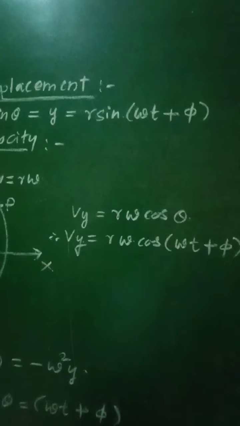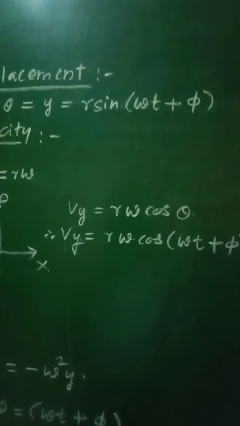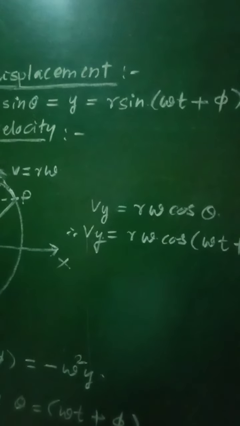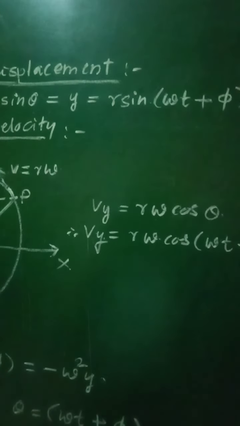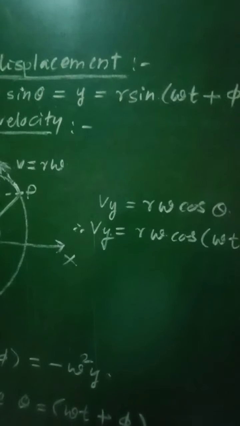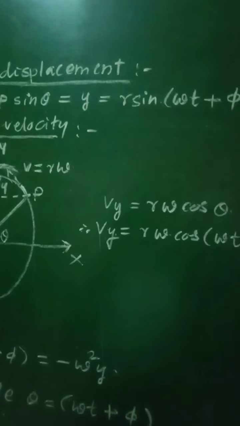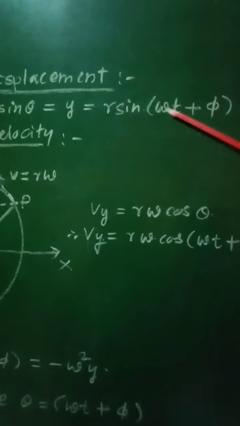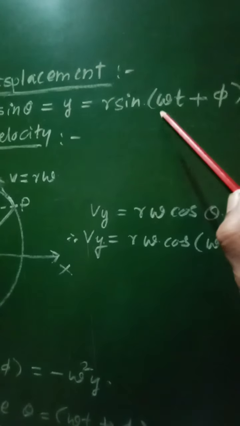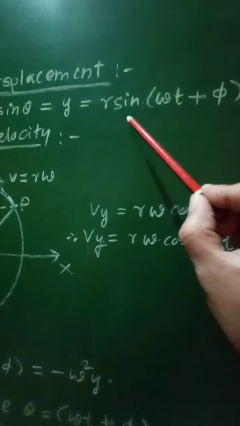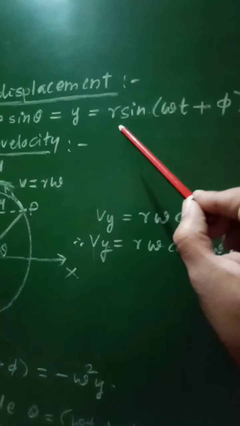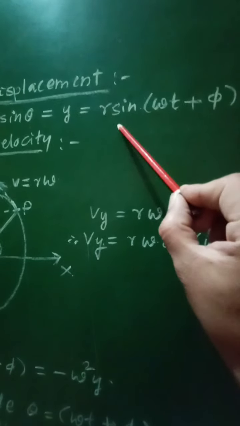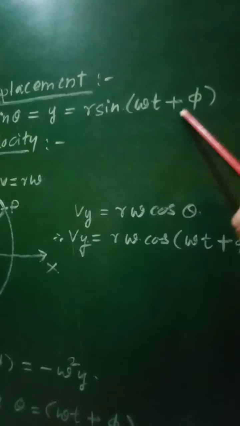This will represent the projection of that particle, and from this relation it is clear that this equation of displacement is for the linear SHM. Here the particle is performing uniform circular motion, but this equation is similar to the equation for the displacement of linear SHM, which we have already seen: x is equal to a sin of omega t plus phi.